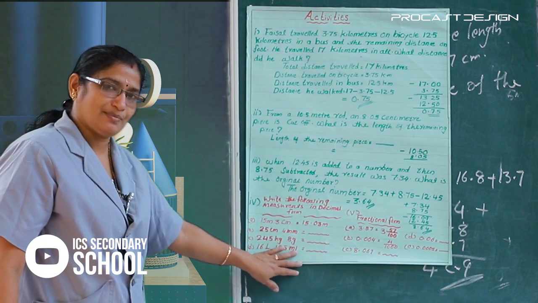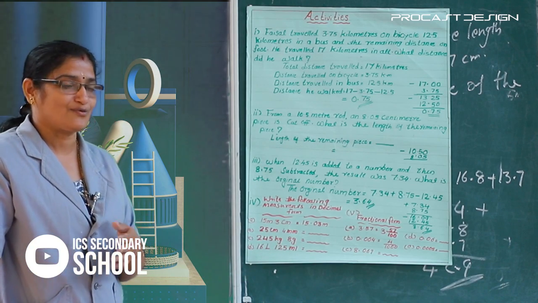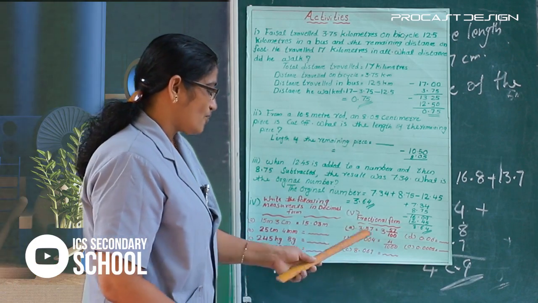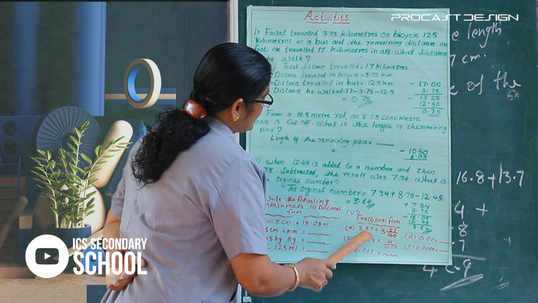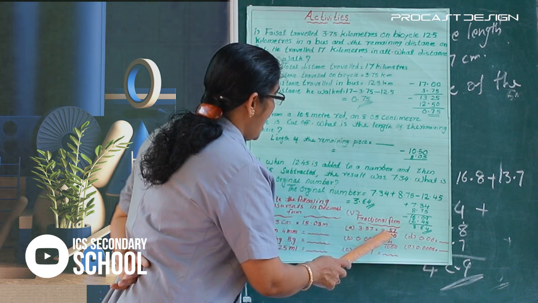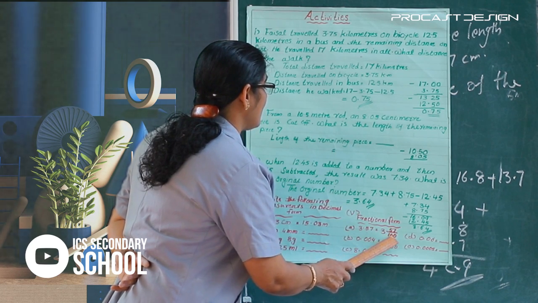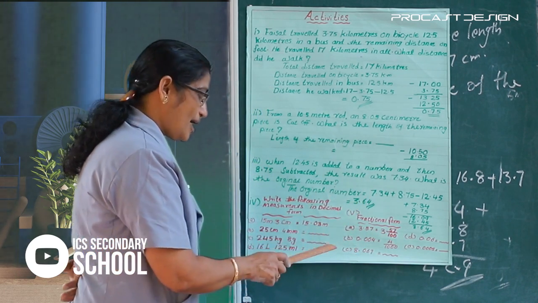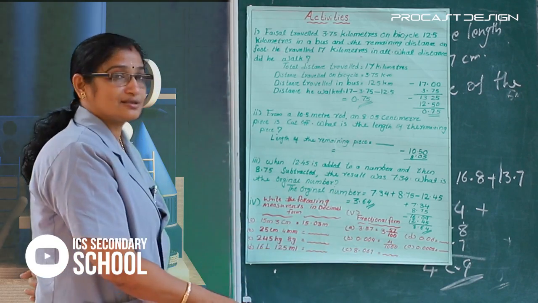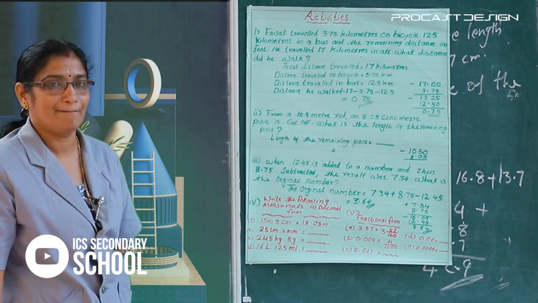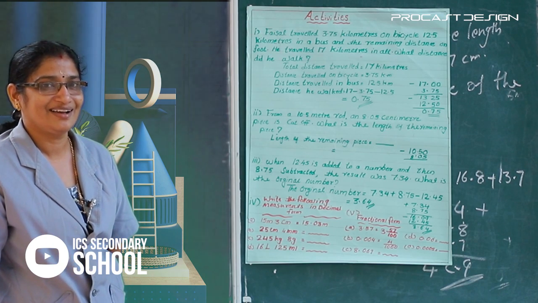To convert to decimal form and fractional form, 3.57 is 3 and 57 by 100 and 4 by 1000. Yes, that is to write the fractional form. Any doubt? Did you understand?